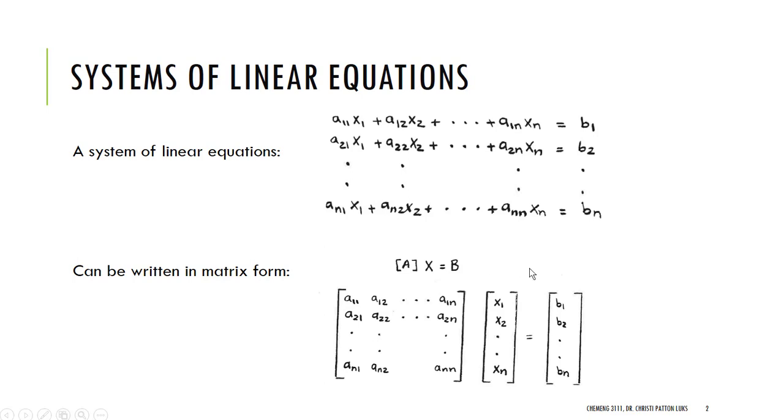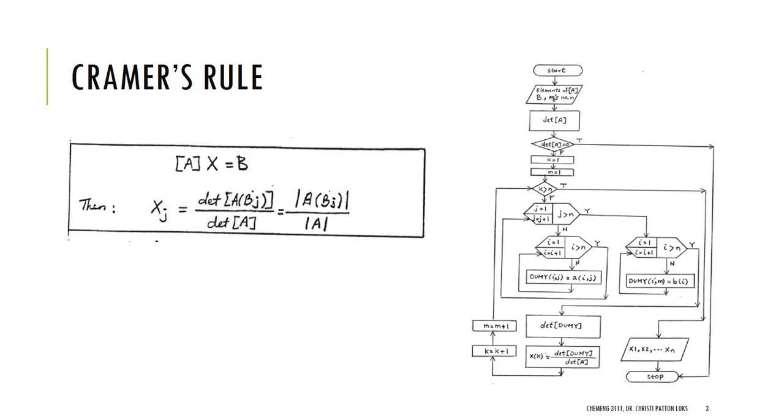This is convenient for solving these linear systems of equations because there are multiple techniques that are based on matrices. The first of these is Cramer's rule. It looks very complicated, but what it says is that if I evaluate the determinant of the matrix of coefficients, the determinant of A, that is going to be related to all of the answers.